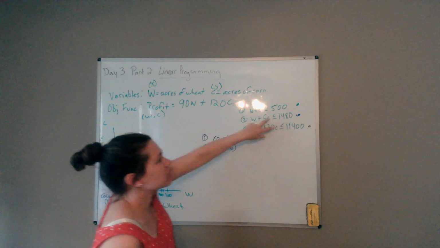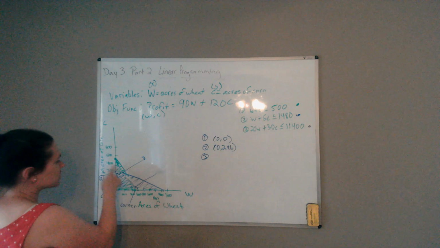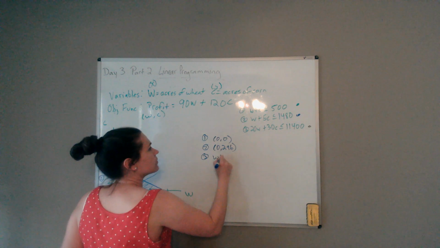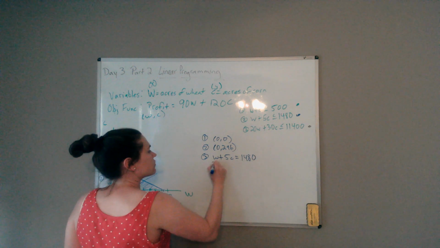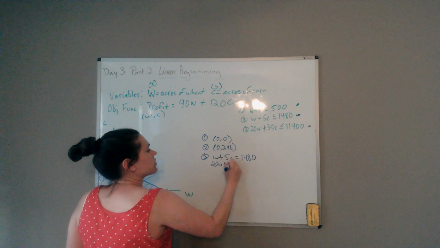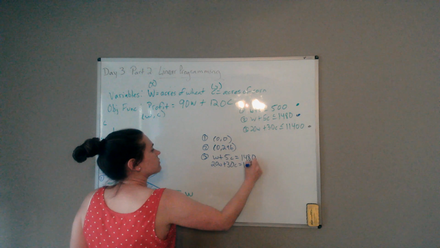I don't care about the inequality part. I care about just the lines right now. So W plus 5C equals 1480. And 20W plus 30C equals 11,400.